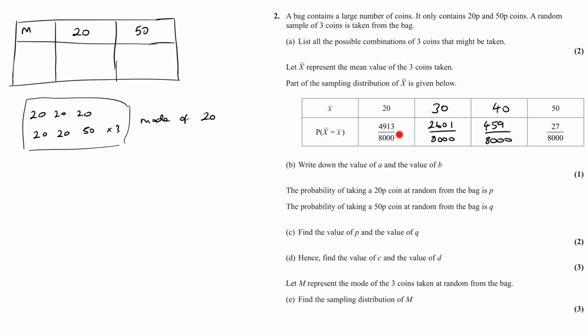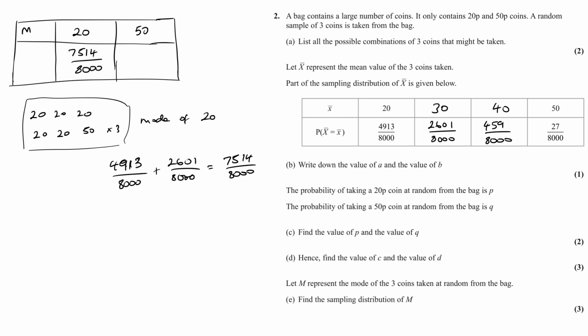So we're going to need to add these two values together. So 4913 plus 2601. So just in your calculators, 4913 plus 2601, 7514 over 8000.